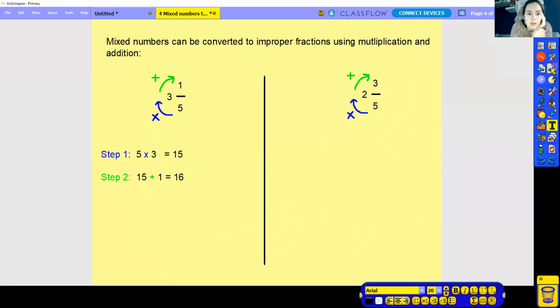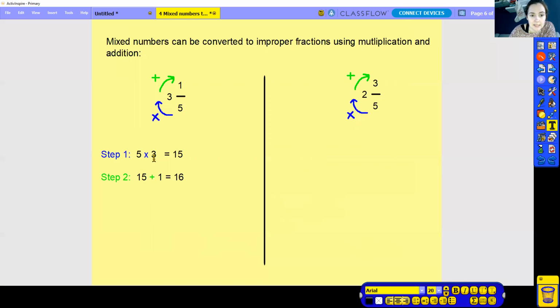Okay. Right. So mixed numbers can be converted to improper fractions using multiplication and addition. So the first step is to multiply the whole number of the mixed number by the denominator. And then the second step is to add on the numerator. So here it's telling you what to do. We are doing the 3 times by 5. So we're doing the whole number of the mixed number here, multiplied by the denominator.